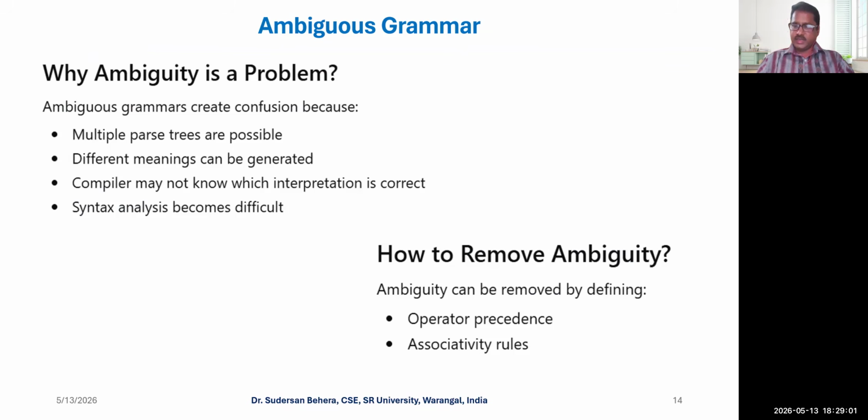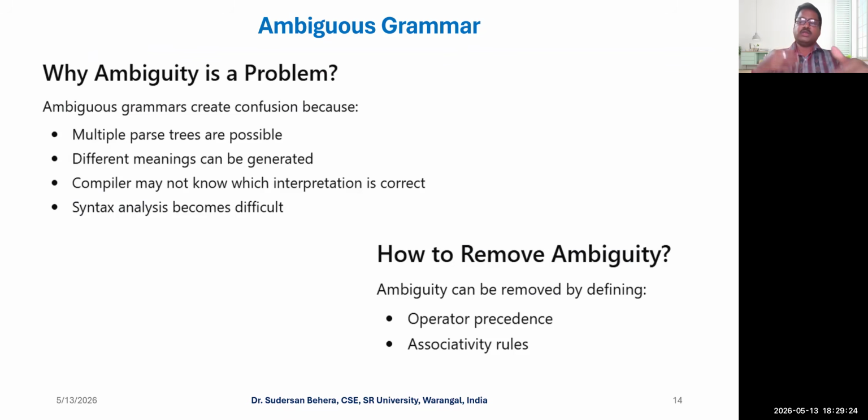Different meanings can be generated. Compiler may not know which interpretation is correct. Syntax analysis becomes difficult. Okay, so these are the problems that have been seen because of the presence of ambiguous grammar. So none of the syntax analyzer or parser accept ambiguous grammar.